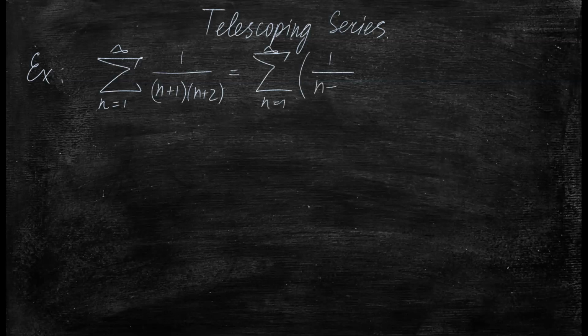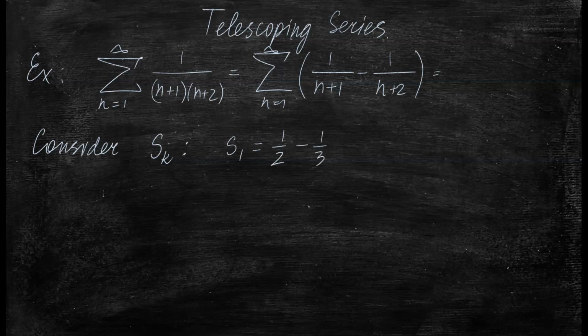Using partial fraction decomposition, we can rewrite a fraction inside into a difference of two fractions like this. And what does that mean? That means if we consider the kth partial sum, the kth partial sum will be equal to this.